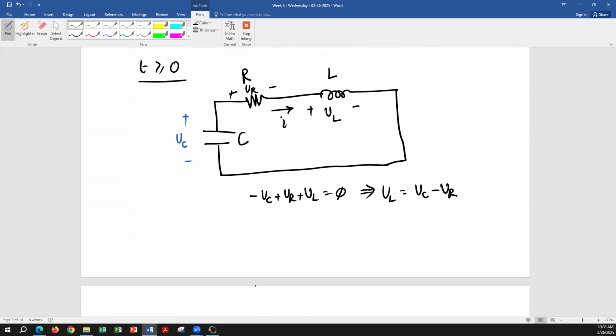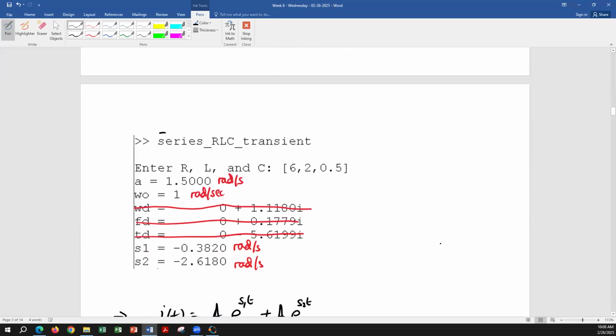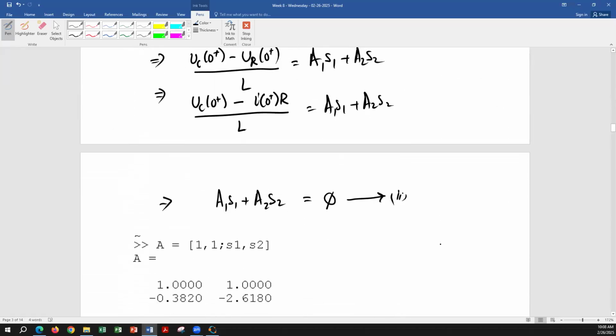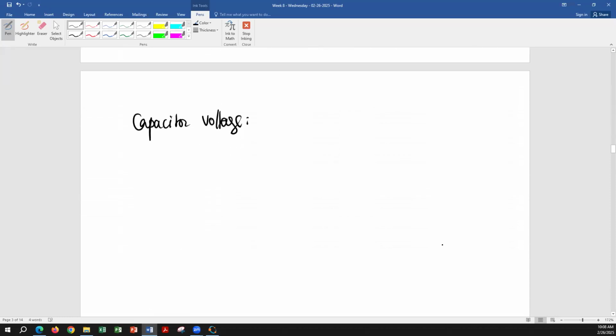Yeah, right there. From this equation, we know the inductor voltage now. We know the voltage across the resistor, so we can easily find out the capacitor voltage.